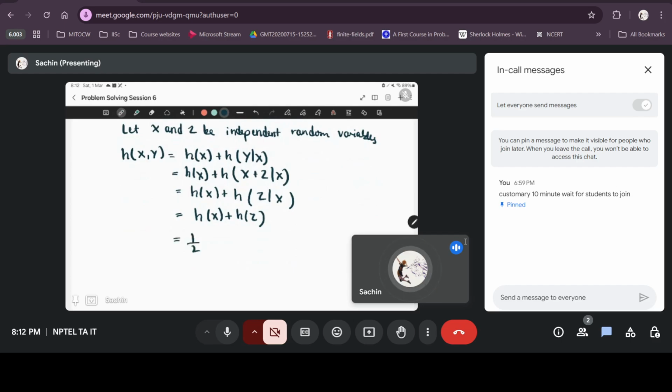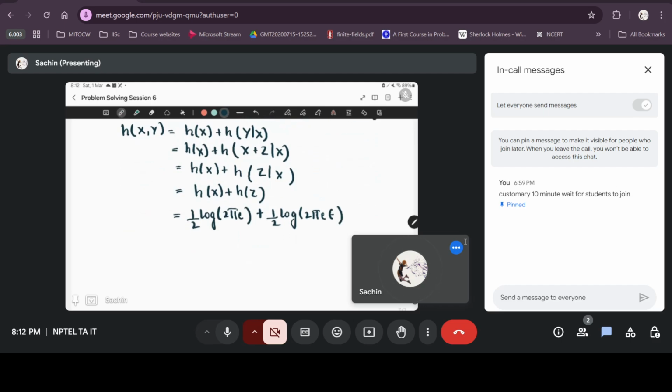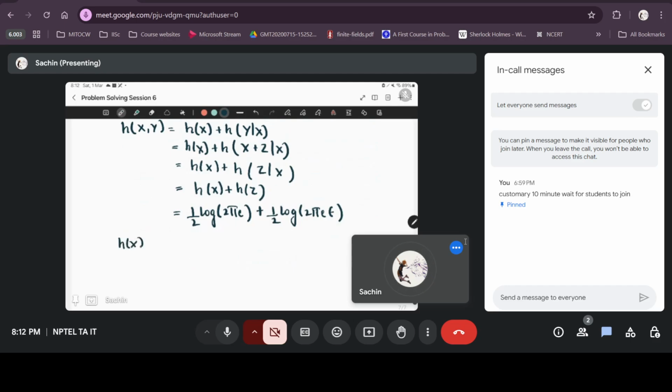X has normal distribution, mean 0, variance 1, so its differential entropy is half log 2 pi e sigma square. Sigma square is 1. For z, sigma square is epsilon, so it's half log 2 pi e epsilon. Now we have h of x greater than 0.